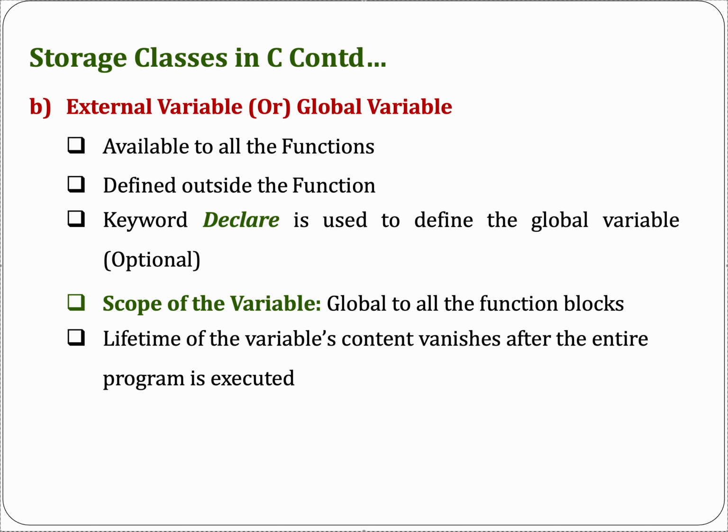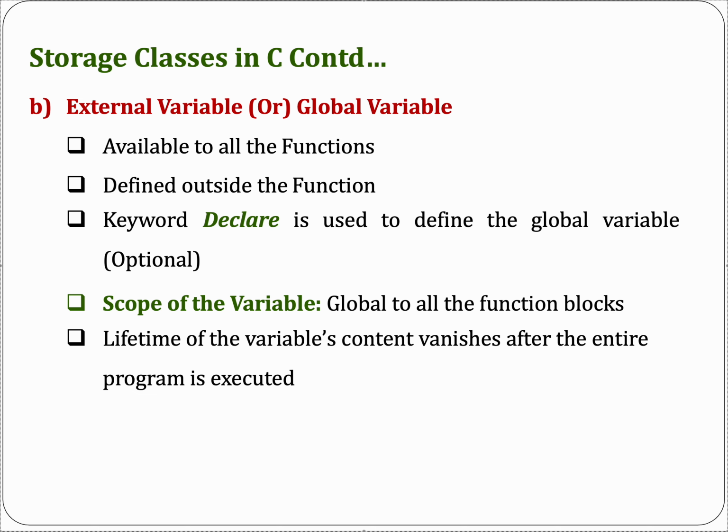Apart from that, the user can write their own functions, which are user defined functions. So this external variable or global variable can be accessed by all types of functions, whether it is the default main function or a user defined function. That's why the first point says the variable will be available to all the functions, and this variable has to be defined.